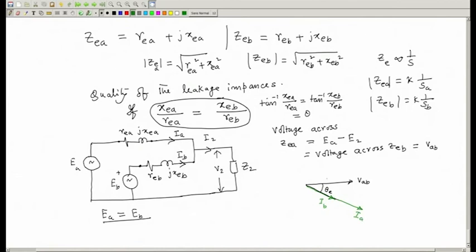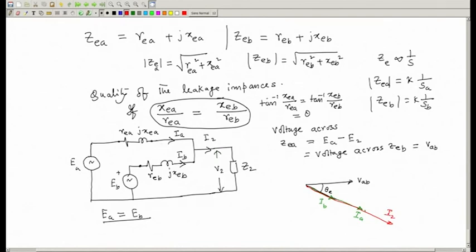It will be like this. What is the current supplied to the load? IA plus IB, the phasor sum of these two, but they are co-phasal, IA and IB. So, the current supplied to the load will be this plus this, I2. This will be the thing.